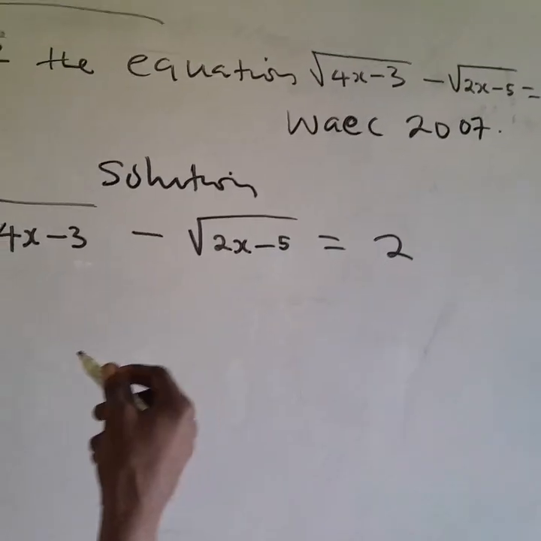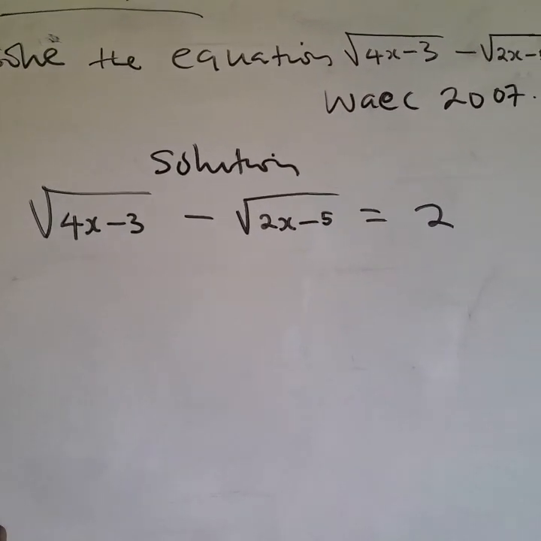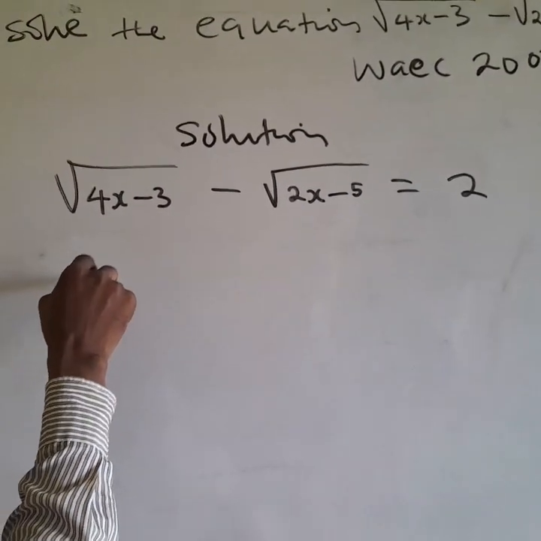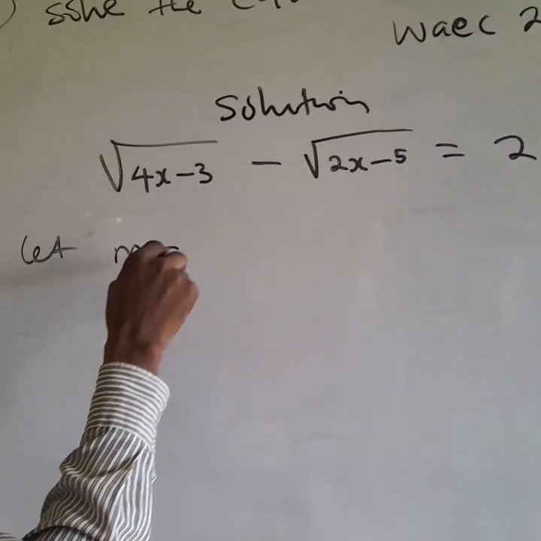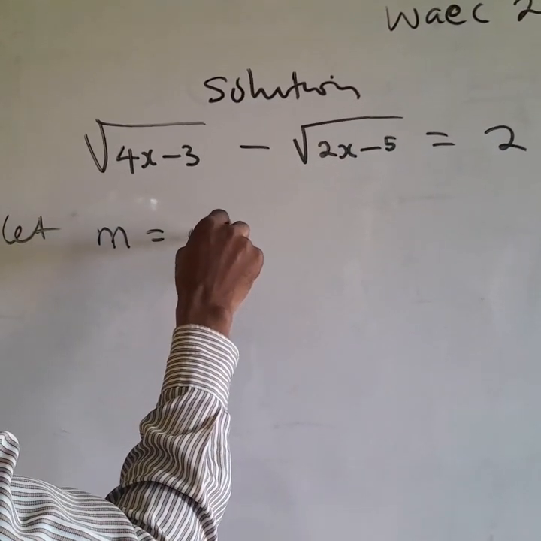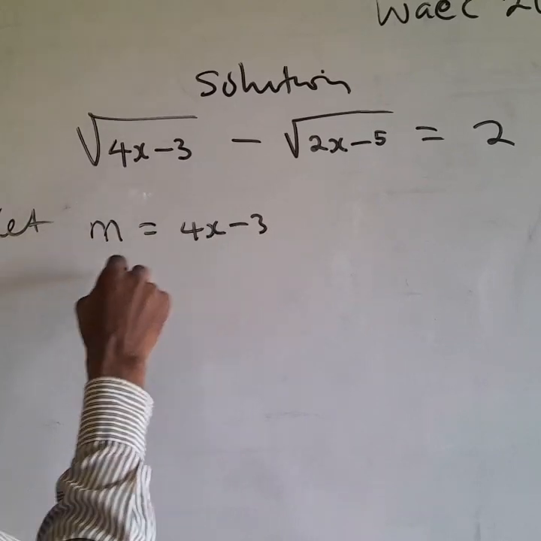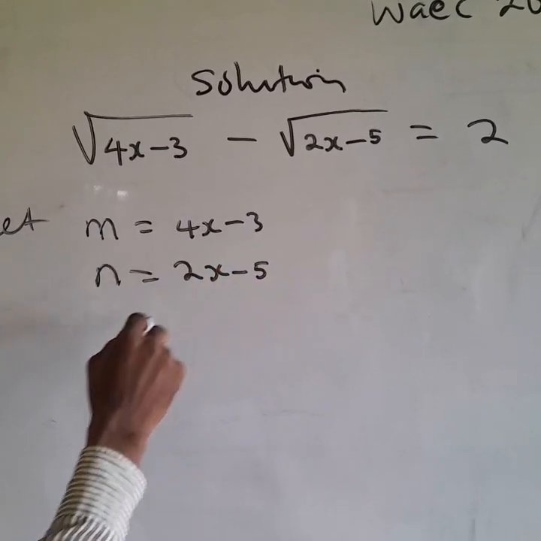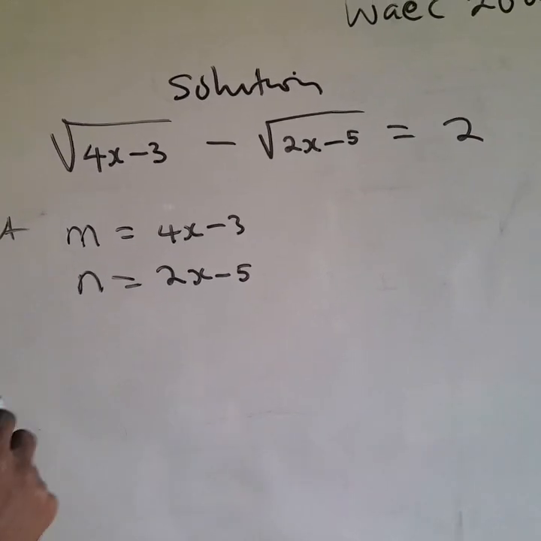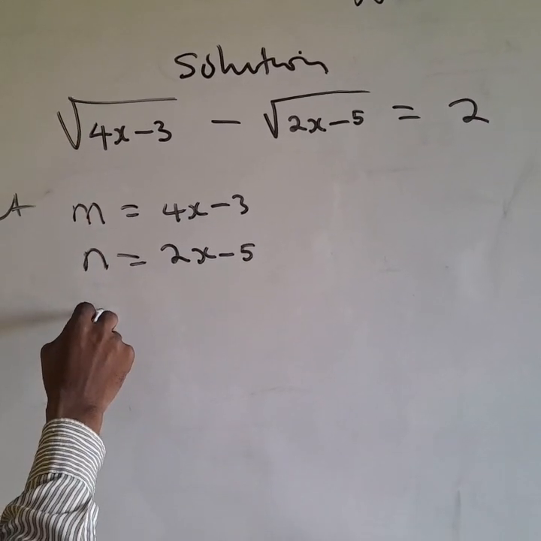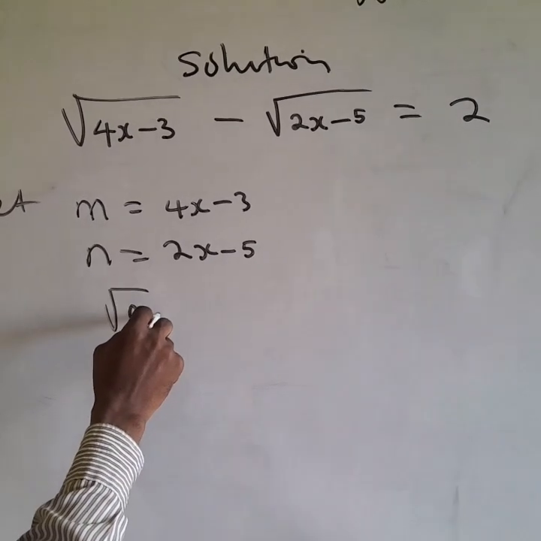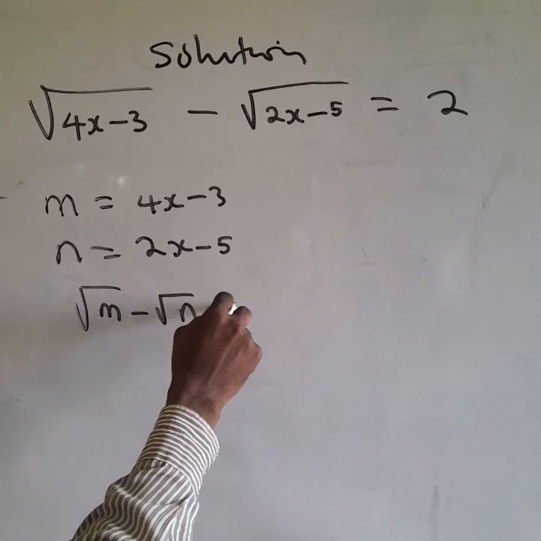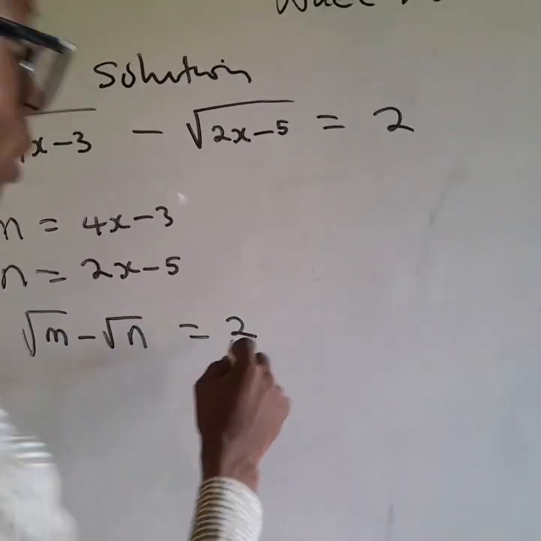To make this equation easy to solve, you let m equal 4x minus 3 and n equal 2x minus 5. Which means our equation is going to be root m minus root n equal to 2.